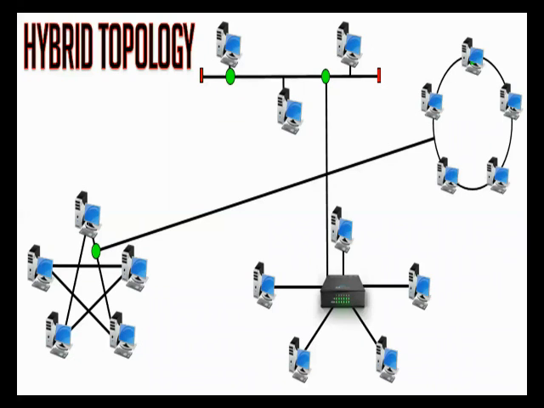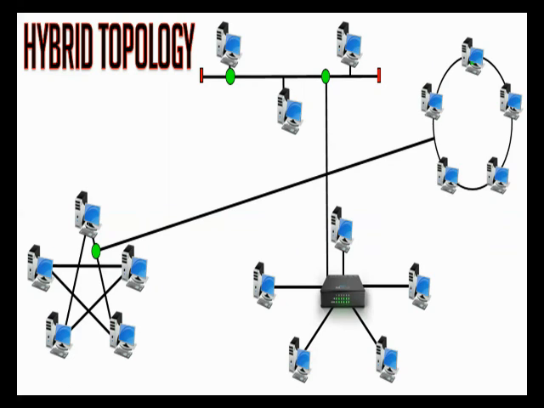I repeat, the hybrid topology: a combination of two or more topologies is known as the hybrid topology. For example, a combination of mesh topologies and star topologies is known as the hybrid topology. It is a mixture of two different types of topology.